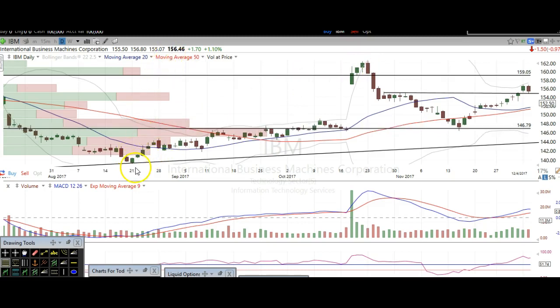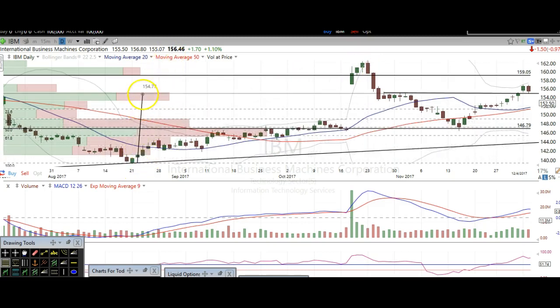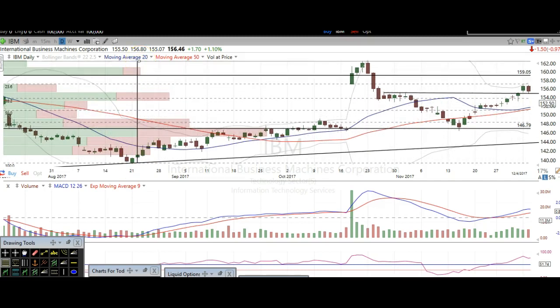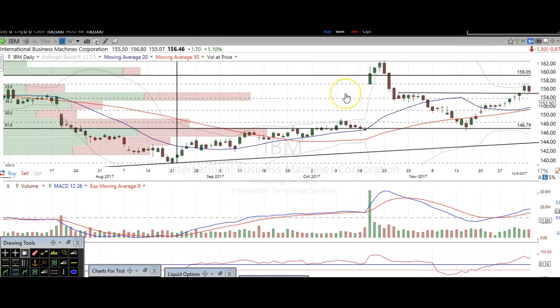So what we can do here is draw this from right there and right about here, approximately. So we drew it from this low to this high. You can see it goes over there right to the top there. All right, so now what do we look for? As you can see on the left hand side of the screen, we've got this 61.8 Fibonacci retracement level.